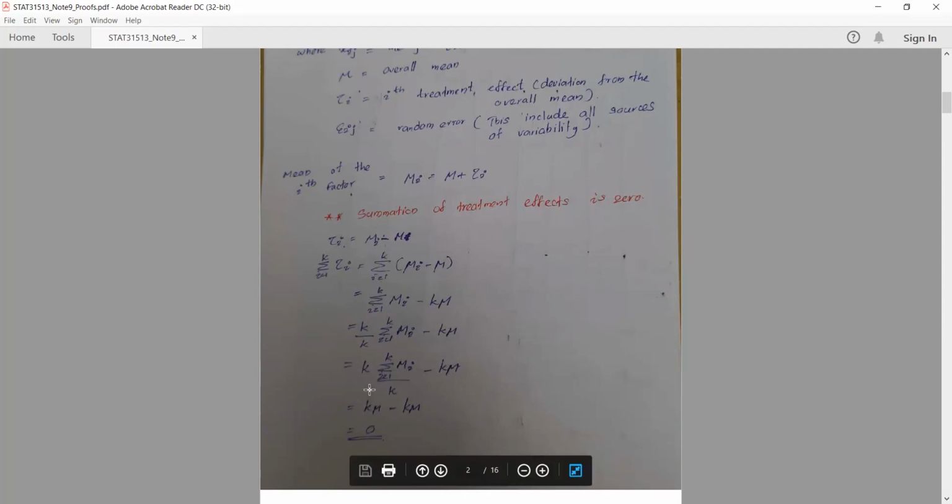So that is k times mu minus k mu, which is equal to 0. It doesn't matter how many treatments you have in your design. In a completely randomized design, if you take the summation of the treatment effects, it always adds up to 0. Do you all understand?